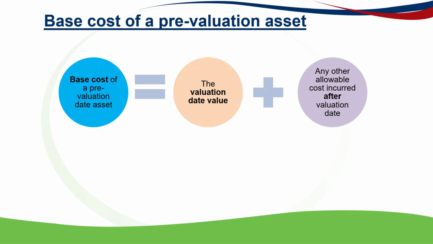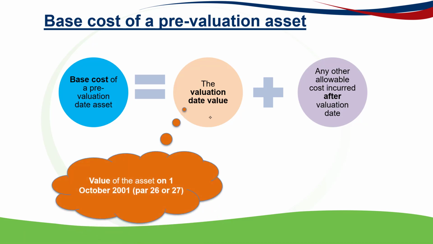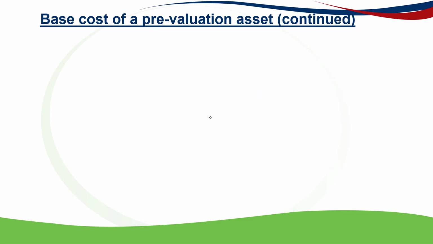The valuation date value, meaning this amount, is the value of the asset on the 1st of October that is determined by paragraph 26 or 27 of the 8th Schedule, depending on whether the taxpayer is in a historical gain position or a historical loss position. We will discuss what a historical gain position means as well as what a historical loss position means.